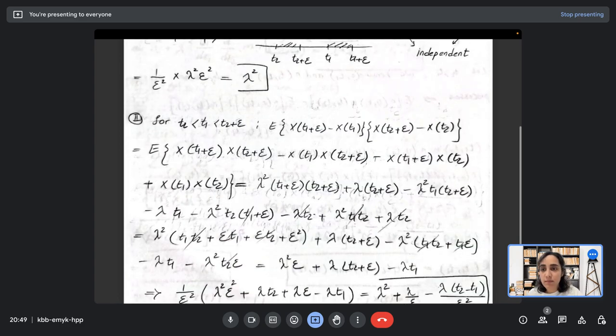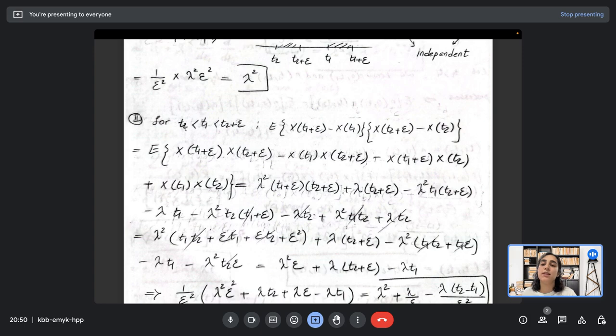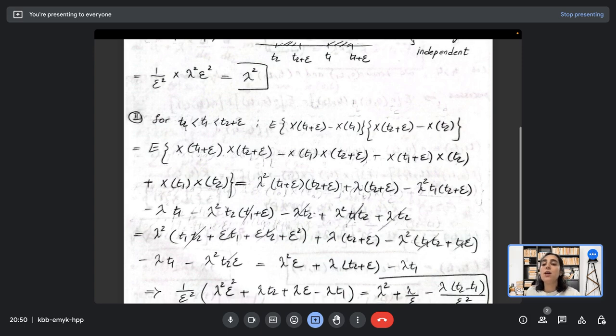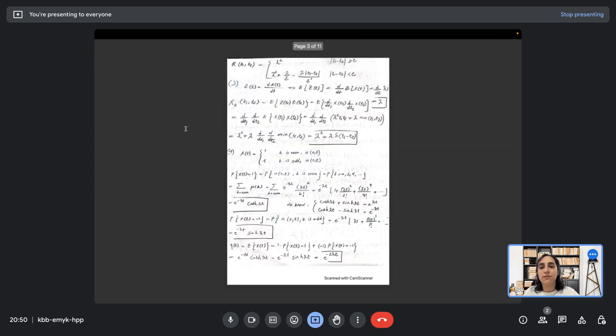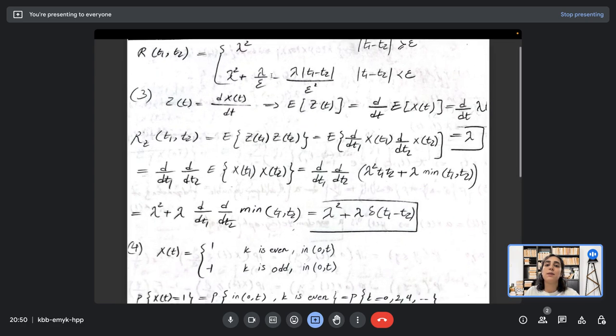But we had the assumption that t2 is smaller than t1 and t1 is smaller than t2 plus epsilon. But we can do it another way, that t1 is smaller than t2 and t2 is smaller than t1 plus epsilon. And we should write the final answer with some absolute value of t1 minus t2.